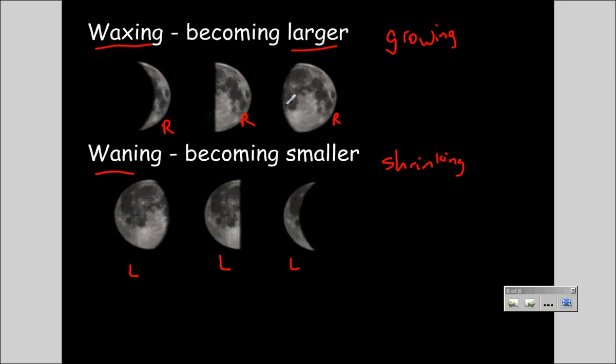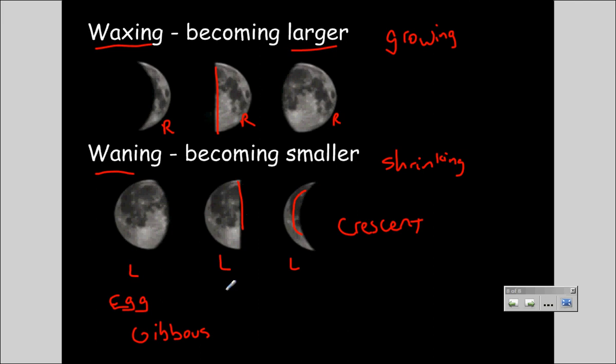Okay? And then just recognize the shapes we've been using. The egg shape we call the gibbous moon. It could be waxing or waning. The banana shape we called the crescent moon. Okay? Crescent, it could be waxing or waning.